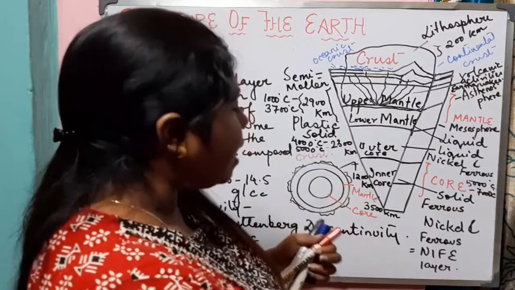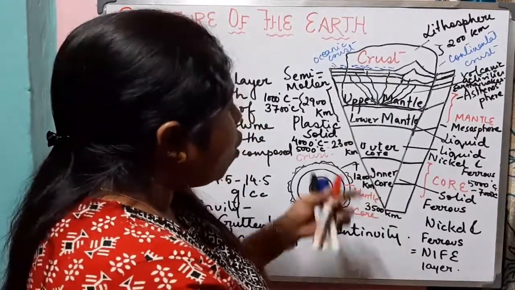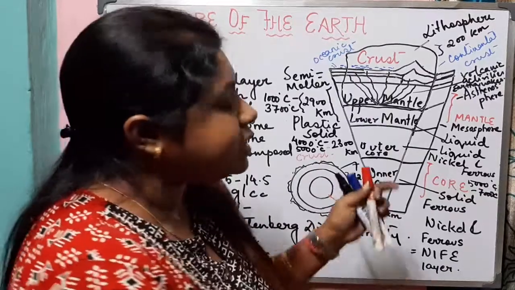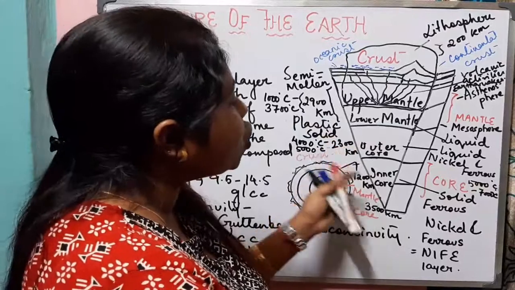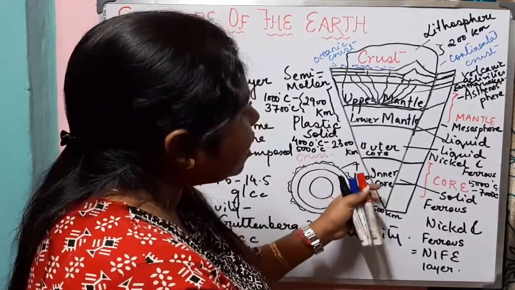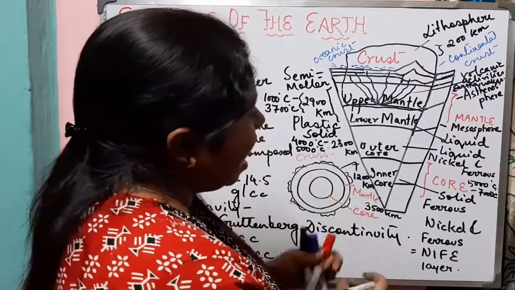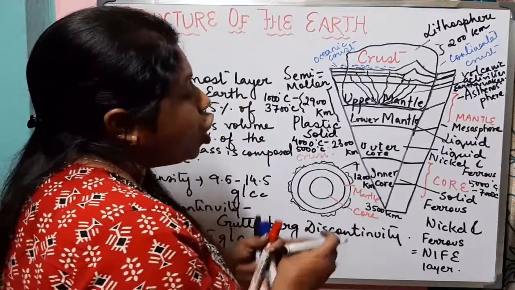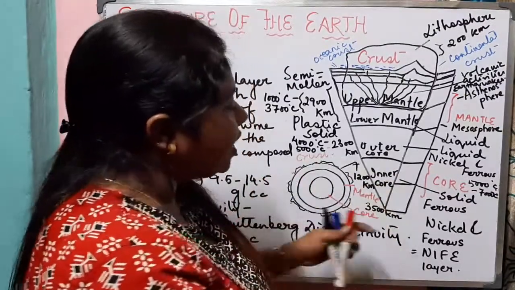Now the question that comes to your mind is why the inner core is solid in nature whereas the temperature is the highest here. It is because not only temperature changes but pressure also changes, and in the inner core there is huge pressure which does not allow the molten material to move as a liquid. That is why the inner core is solid.